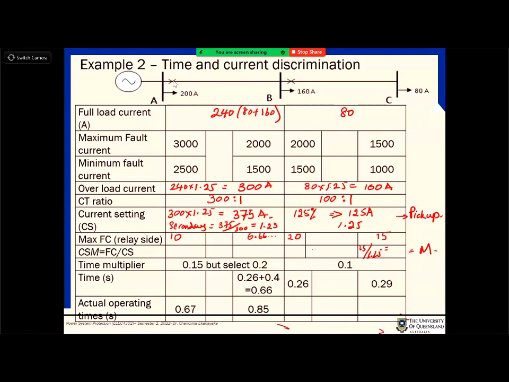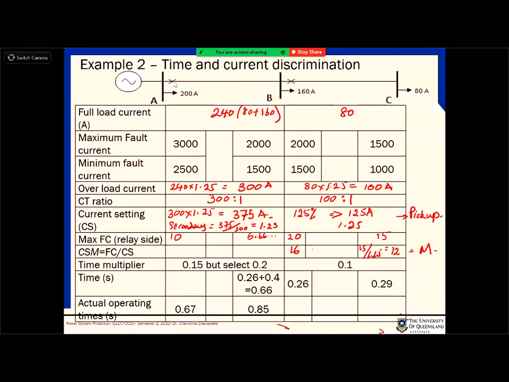Sorry, 12. And then 20 divided by 1.25, which is 16.